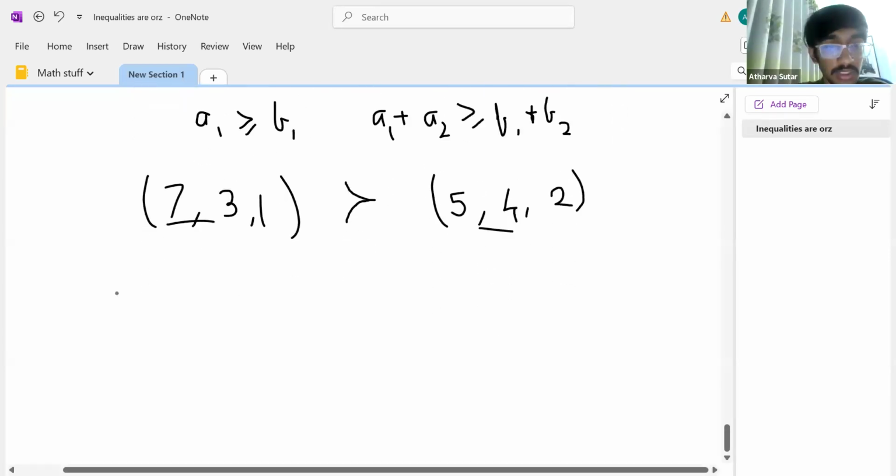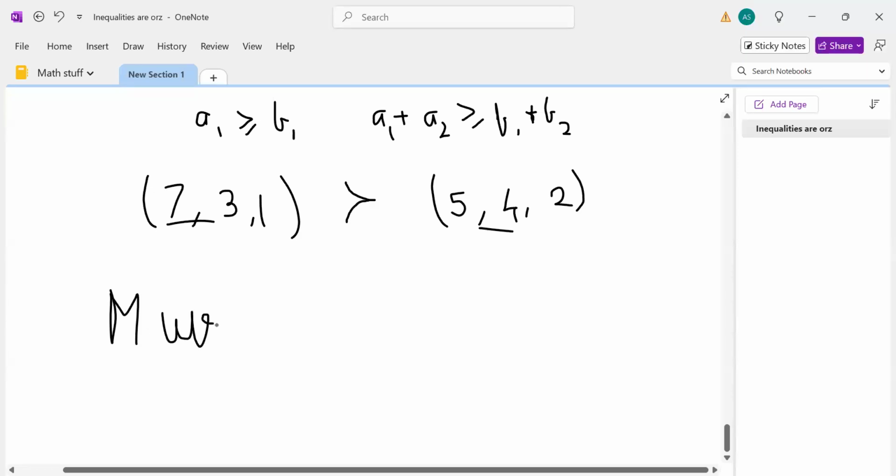So now we have defined majorization. Let's move on to Muirhead's inequality. If the partial sum of the a_i is not greater than or equal to the partial sum of the b_i, then the majorization would not work.